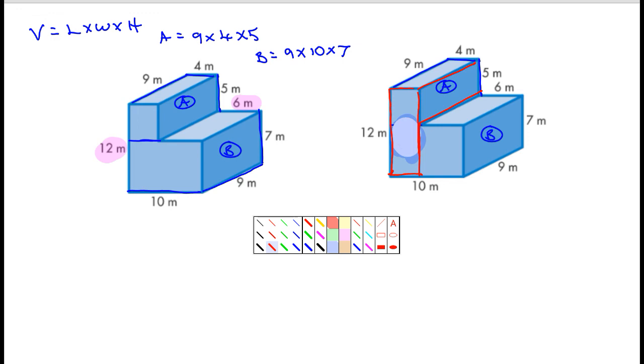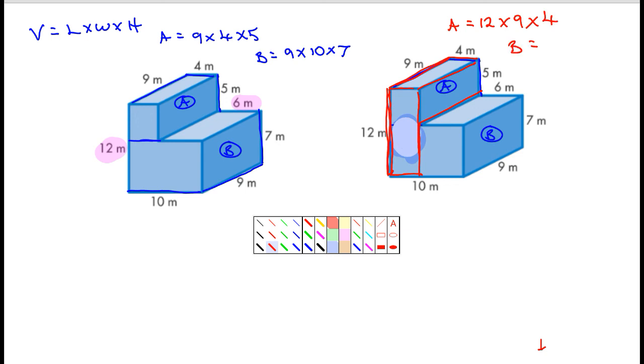So let's look here. A would equal, well, what's the height? The height's going to be 12 right here. So 12 times, we've got a depth or a length of 9, times what? 4. Notice the numbers are different. How about for B?